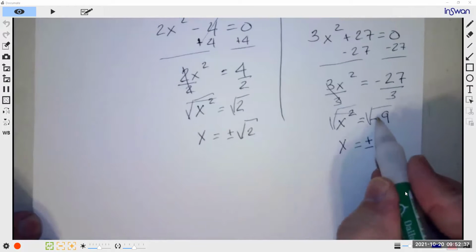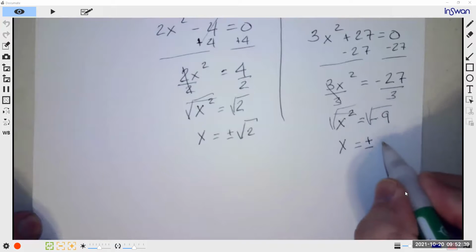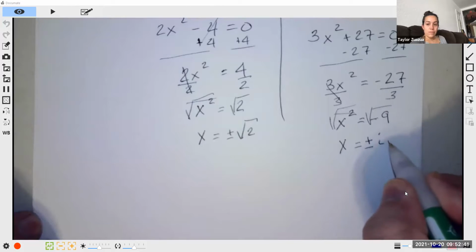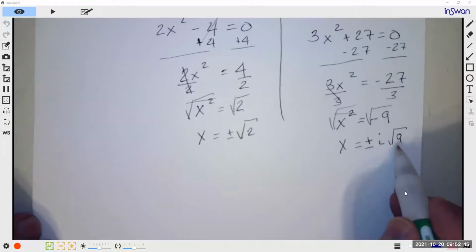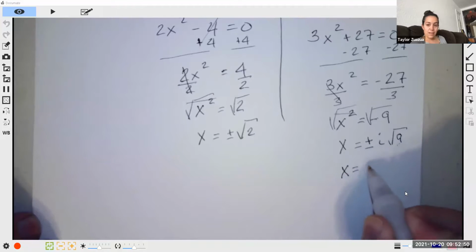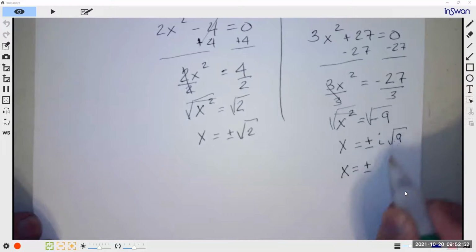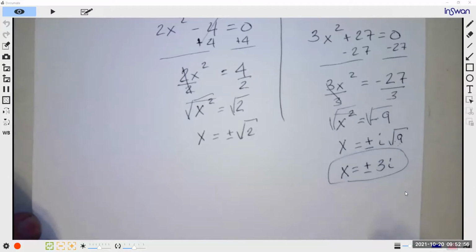Now, this is a negative inside the square root. That comes out as an i. The i takes care of the negative inside the square root. So the square root of 9 is 3. So your answer is plus or minus 3i.